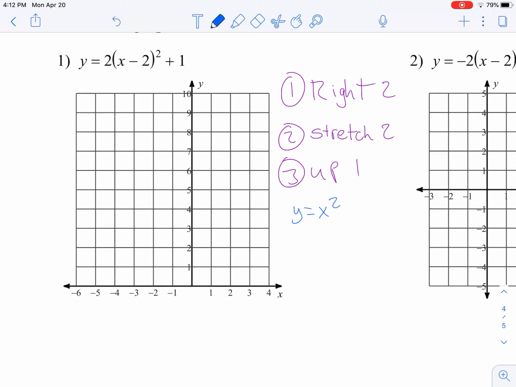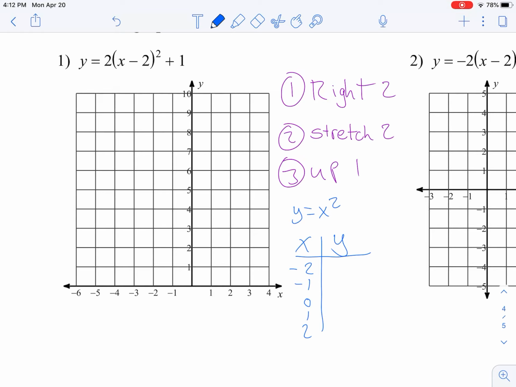So I'm going to start by graphing our parent graph in blue here. And actually I'll do a table first. We could put any values in the table here, but for a parent graph, we usually like to use -2, -1, 0, 1, and 2.